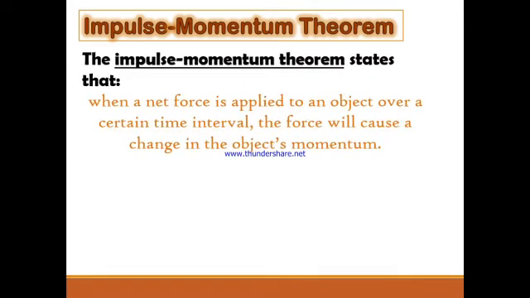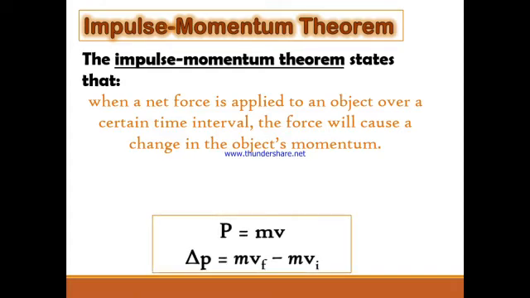The impulse momentum theorem states that when a net force is applied to an object over a certain time interval, the force will cause a change in the object's momentum. Remember that momentum, which is P, equals mass times velocity.